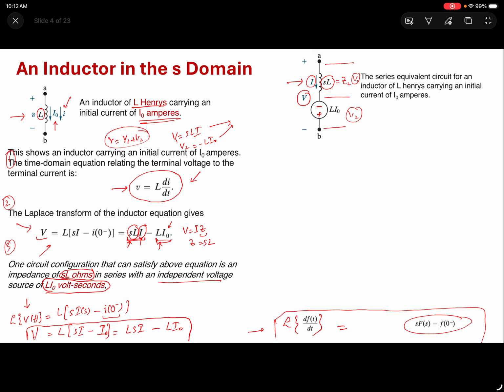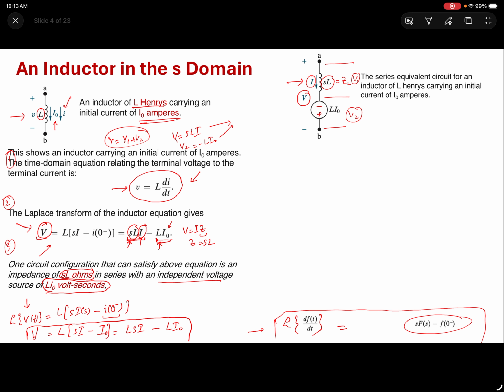We can have another circuit representation in the S domain for the inductor, which we can find by solving this same equation for the current. I have two variables here, V and I, which were initially time varying variables that I converted into the S domain.